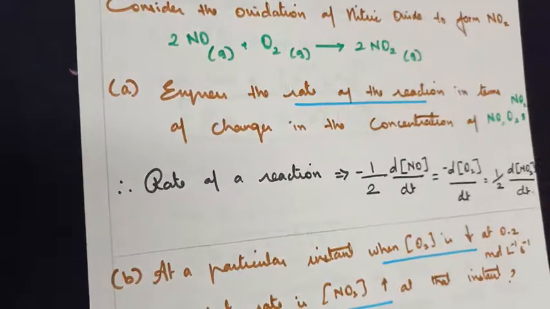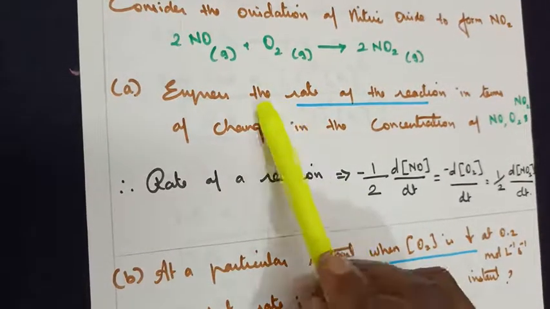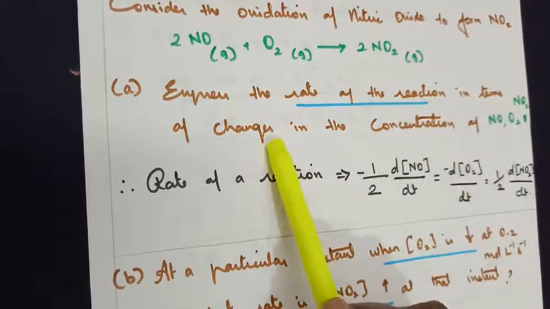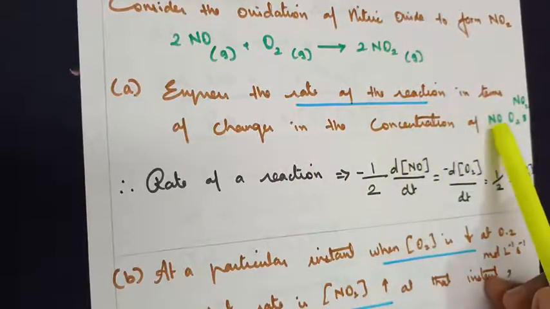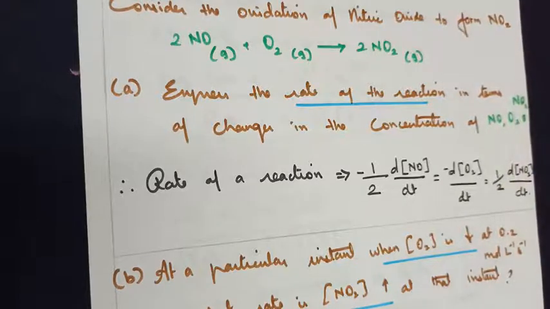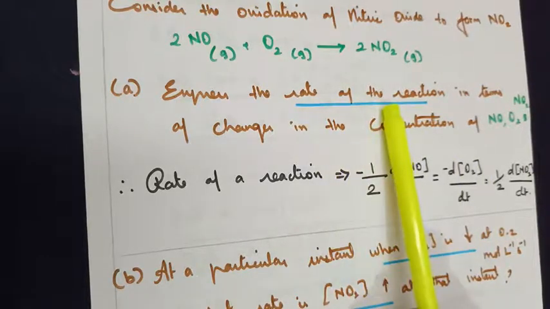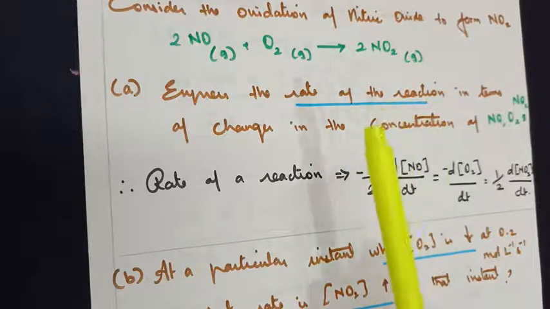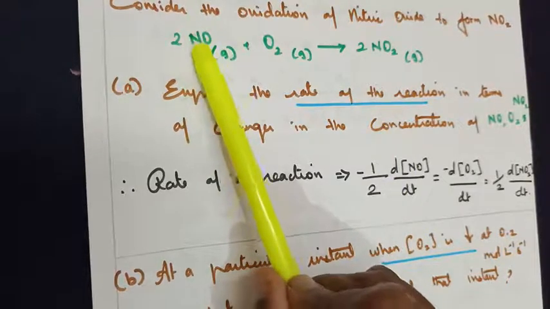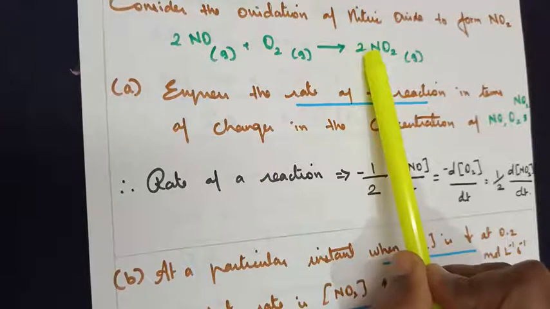Let's see what's the first question given. Express the rate of the reaction in terms of the changes in the concentration of nitric oxide, oxygen and nitrogen dioxide. I already told you when I gave you the concept in the beginning, when we talk about the rate of the reaction, you have to consider the coefficients given on the reactant side and on the product side.